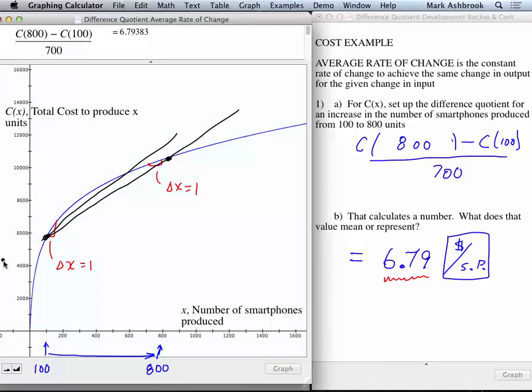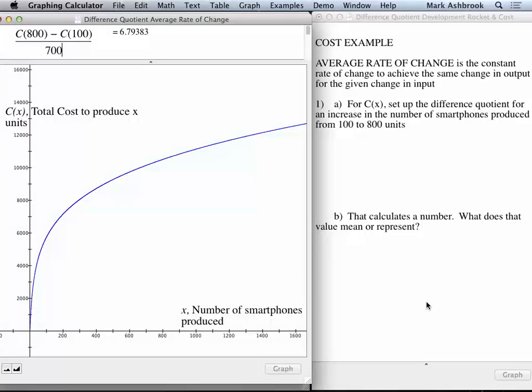That's much better. So the slope of that black line is 6.79, meaning every phone you make costs the company $6.79. And yes, if that were real, and that might not be far from the truth, they make a lot of money selling these phones, right?